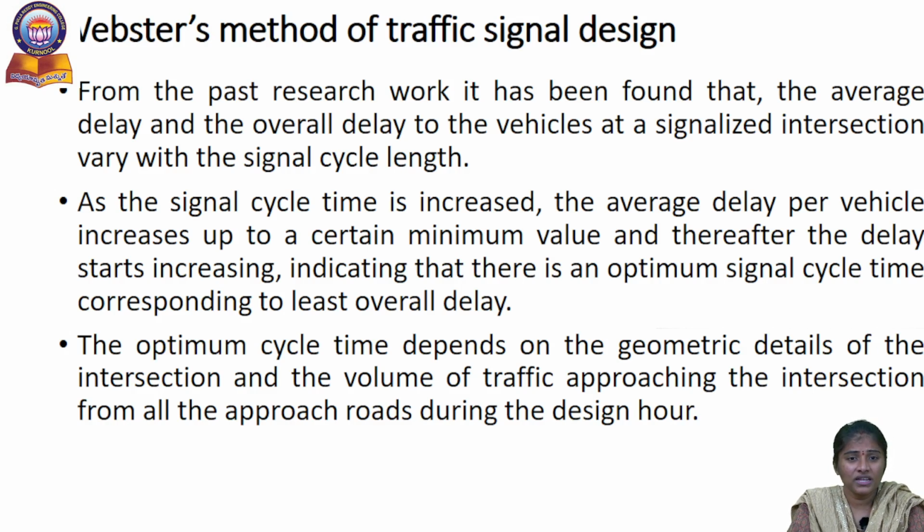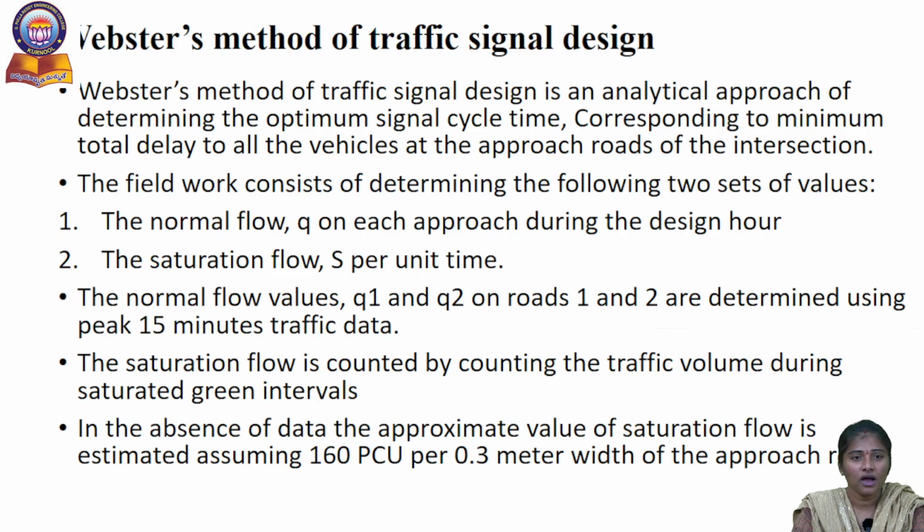As the signal cycle time increases, the average delay per vehicle decreases up to a certain minimum value, and thereafter the delay starts increasing, which indicates that there is an optimum cycle time corresponding to least overall delay. The optimum cycle time depends on geometric details of the intersection and volume of the traffic approaching the intersection from all the approaches of the roads during the design hour.